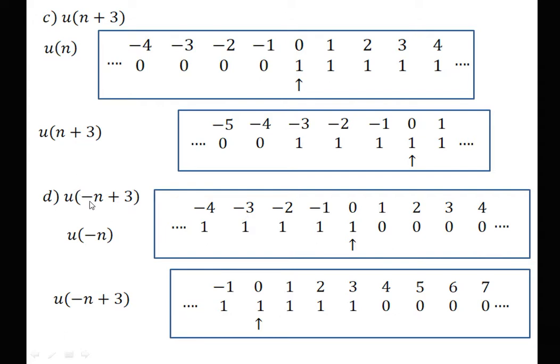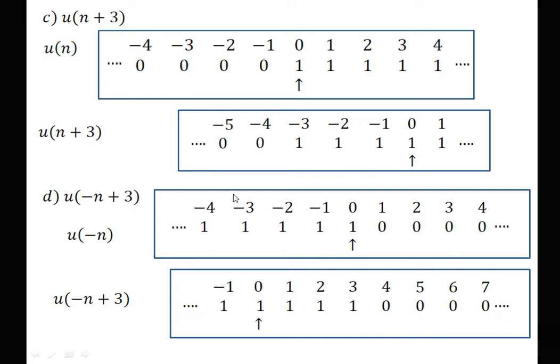Next is u of minus n plus 3. Here minus n represents that the signal is folded, and plus 3 is nothing but the delayed version. Therefore the first priority is to the folding operation. So first we apply u of minus n. U of minus n is nothing but whatever values are on the positive side are shifted to the negative, and values on the negative side are shifted to the positive.